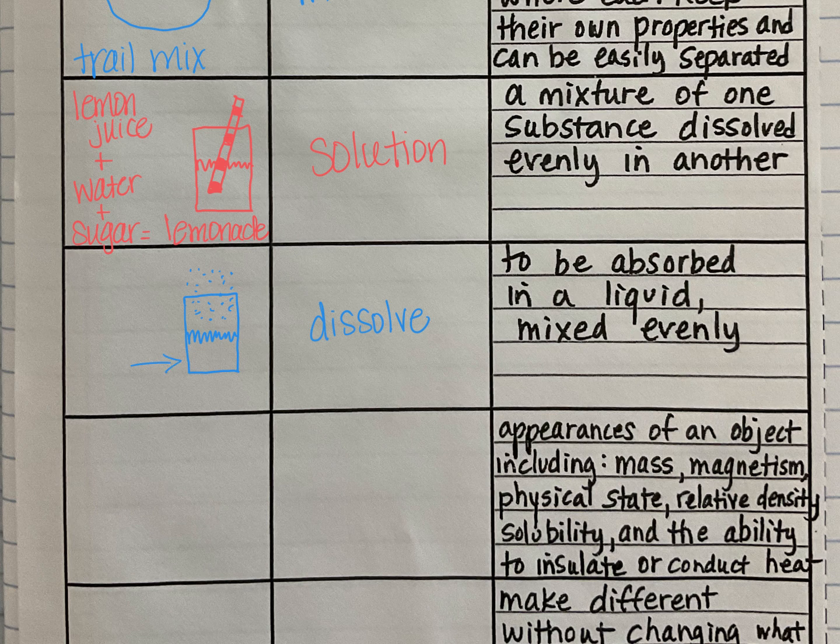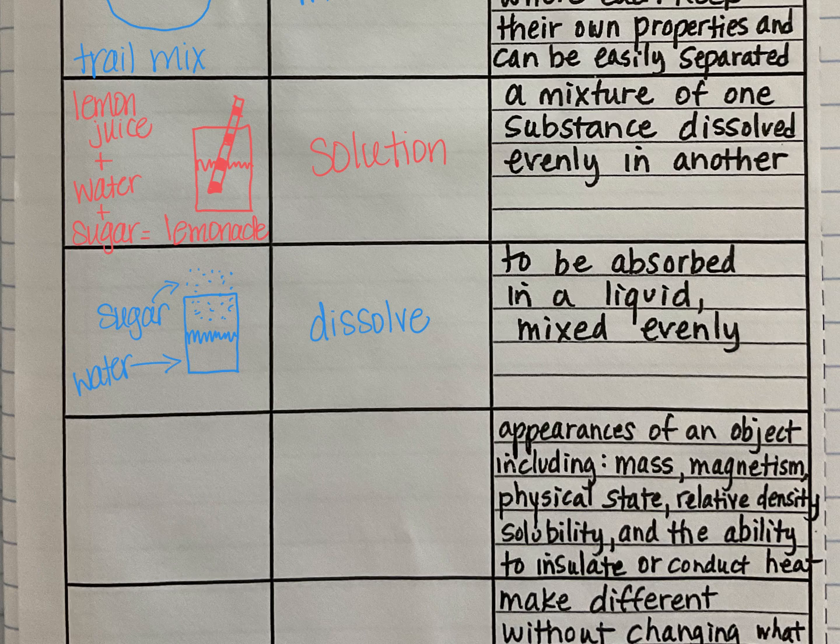That's my water, and then that is the sugar. When we pour sugar into water and we give it a good stir, that sugar dissolves into the water, right? Can you look at some sugar water and pick out all the tiny little bits of sugar? No, you cannot. So sugar dissolves, it absorbs into the water and it mixes evenly.